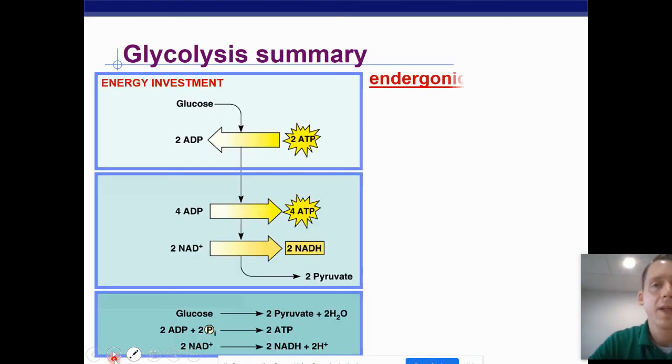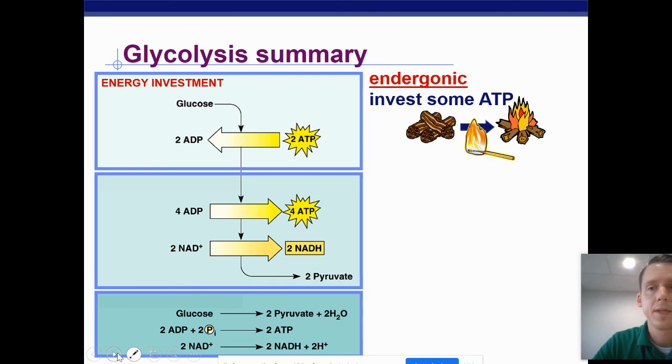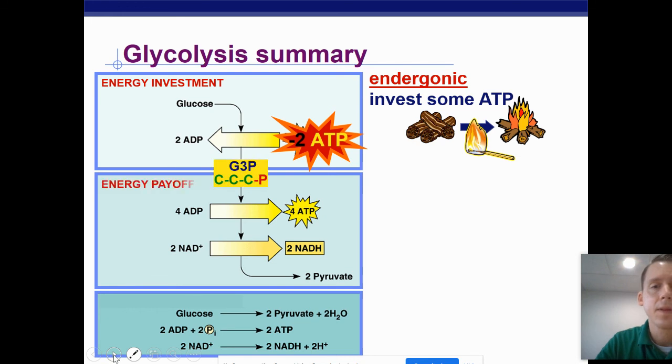Okay, so glycolysis summary. First of all, there is the endergonic part of glycolysis where we invest 2 ATP. Okay, think about that like activation energy. We lose 2. We're spending a little bit of energy. And now we've got the energy payoff, or the exergonic part, so we've invested some energy.